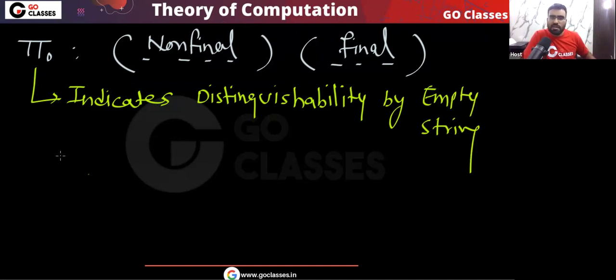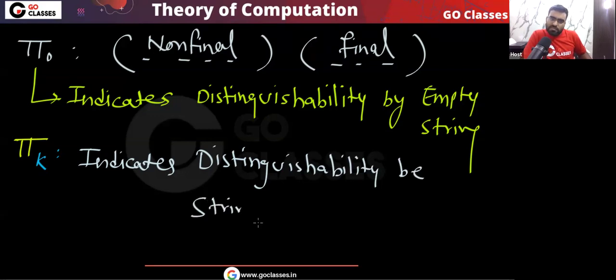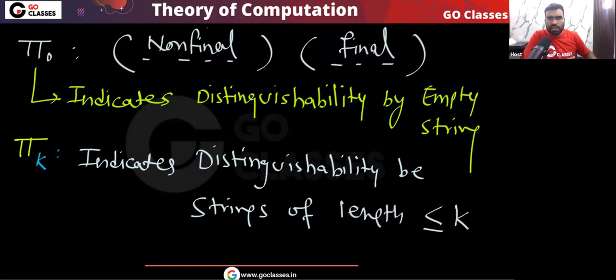Okay, is this clear? Similarly, remember, any pi k will indicate distinguishability by strings of length at most k.